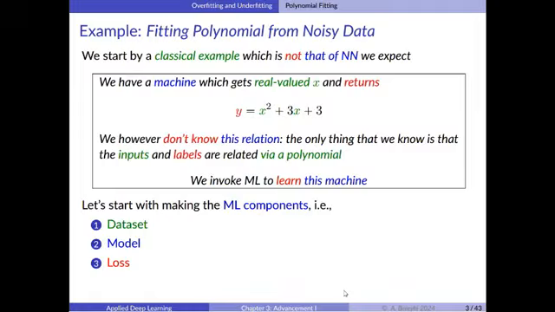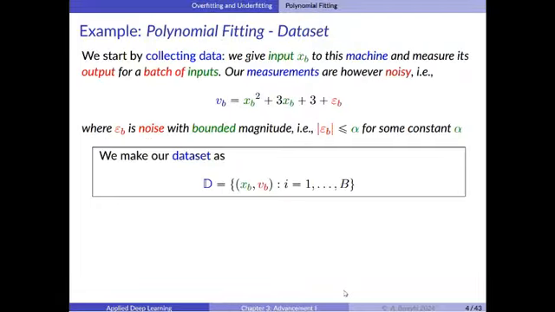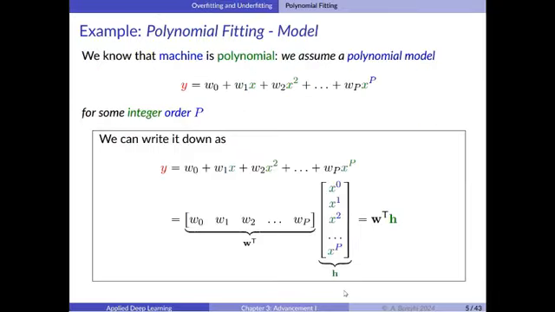Now you can see, for example, here we have a problem. We want to learn it. We assume it is a polynomial function of degree 2, and it would be more sophisticated than the real world, so we face the overfitting problem in the real world.